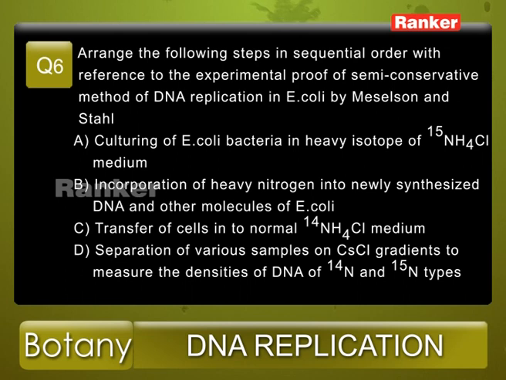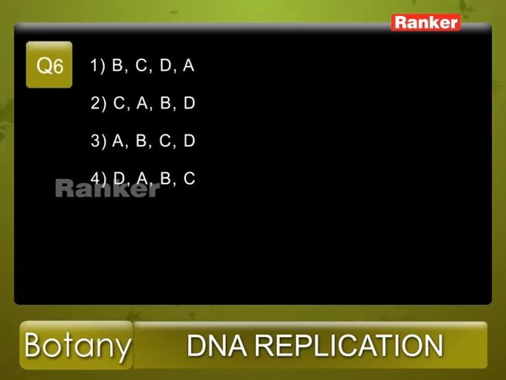C. Transfer of cells into the normal N14 containing ammonium chloride medium. D. Separation of various samples on cesium chloride gradients to measure the densities of DNA of N14 and N15 types. Option 1, B, C, D, A. Option 2, C, A, B, D. Option 3, A, B, C, D. Option 4, D, A, B, C.